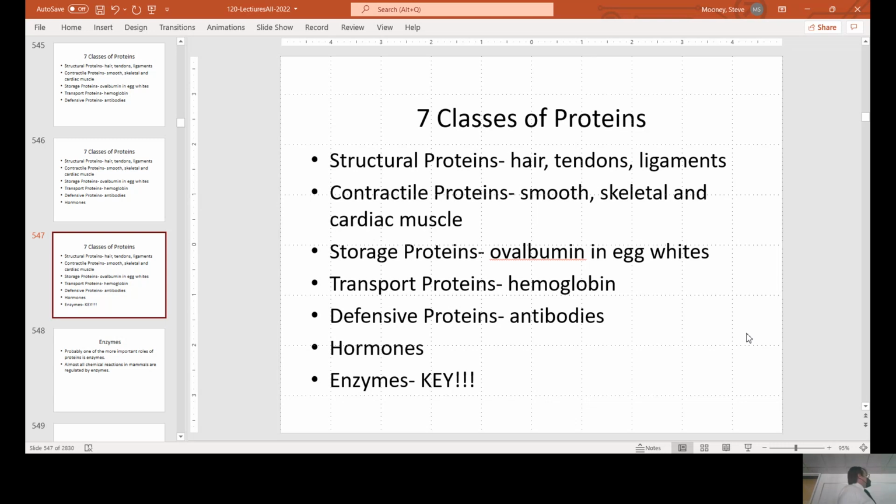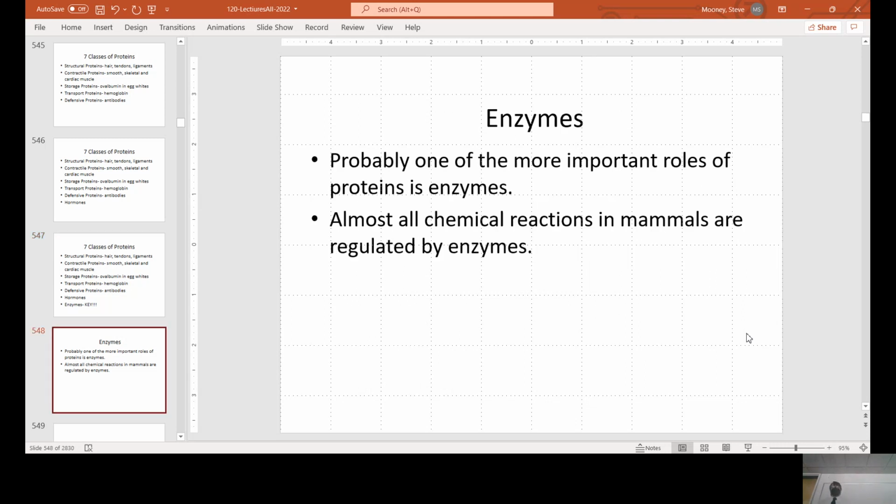They are catalysts to get things done in the body. Enzymes are probably one of the more important roles of proteins, but who's to say that any of those other protein functions are less important? It'd be great to have enzymes, but I think I'd have trouble not having tendons and ligaments, bones, things like that.